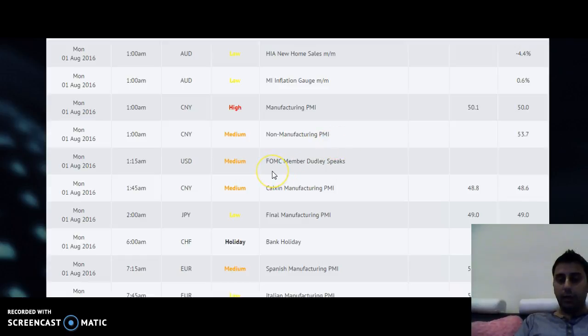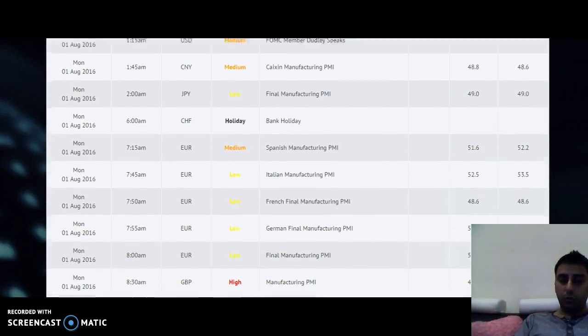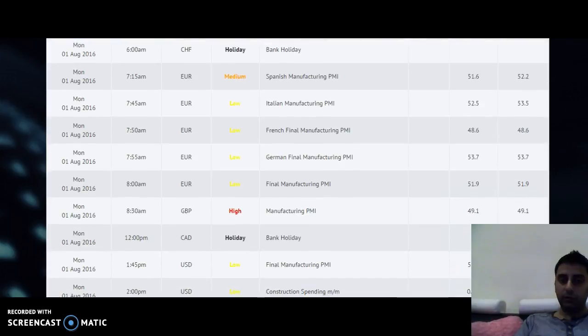Medium has medium volatility risks, and low has very low risk. Scrolling down, you can see other currency pairs that affect the different assets, currencies, and commodities, such as GBP, Euro currencies, and USD. Canada is currently on holiday, so you may see this currency have a flat trend throughout the day.